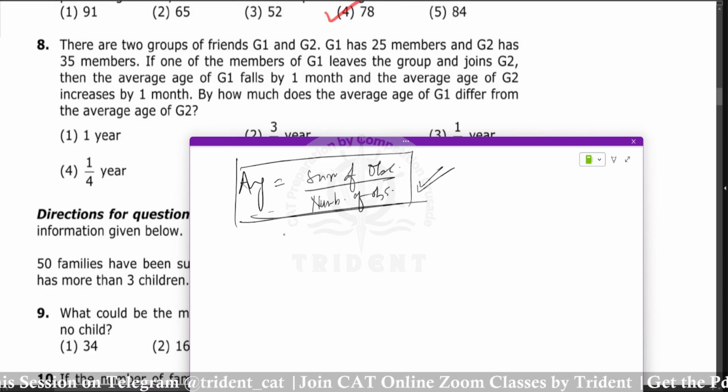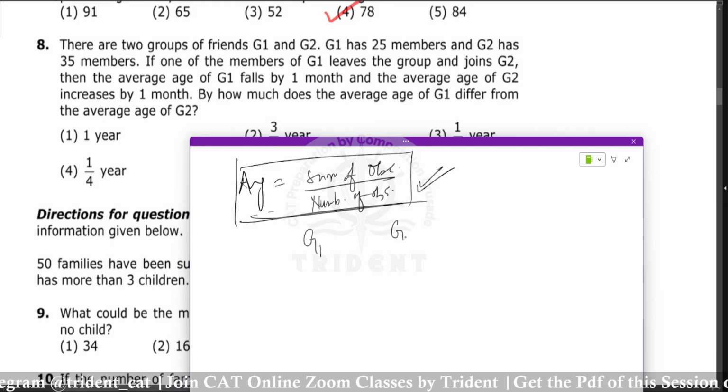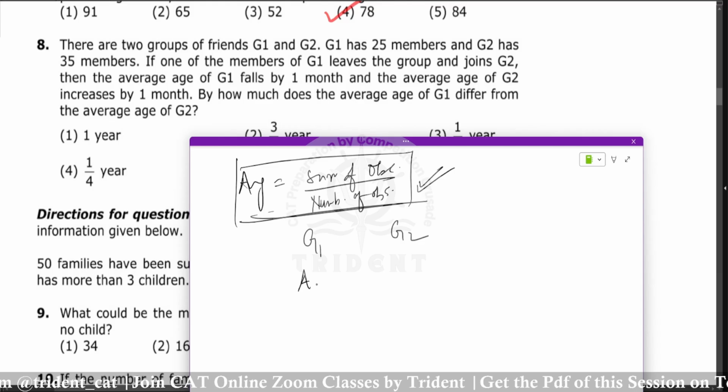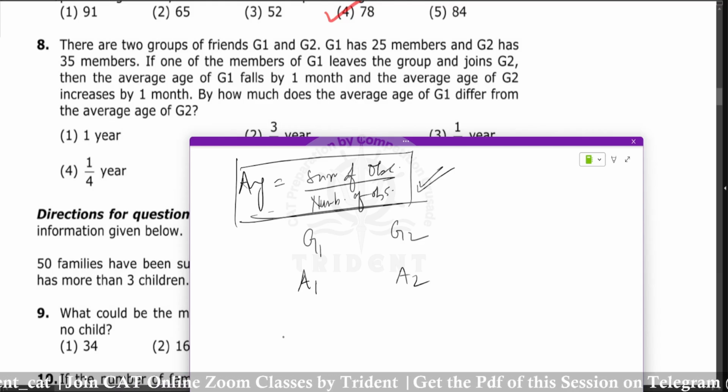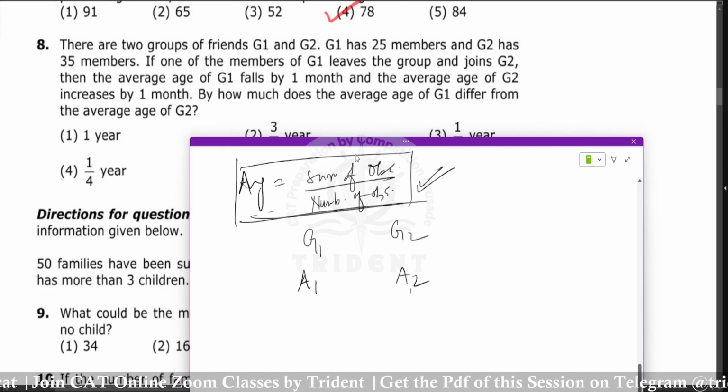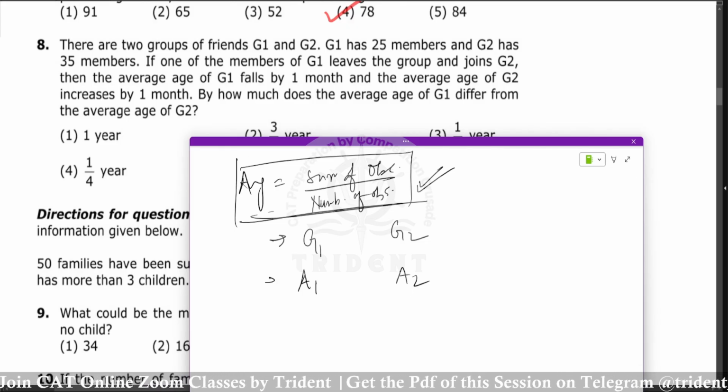First thing says that the average drops by 1 month. Let us call the averages for G1 and G2 as A1 and A2, okay, for the two groups G1 and G2.